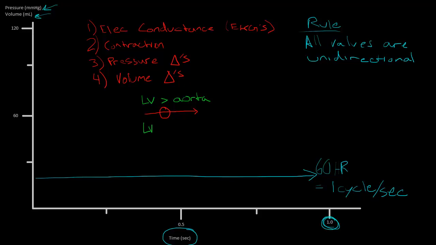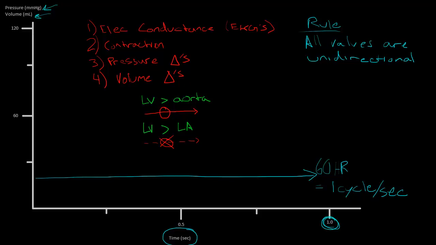Another example, let's say we have a left ventricle pressure that is greater than a left atrial pressure. Because of this unidirectional aspect, we're going to see the mitral valve close, and we're not going to see a backflow of blood in the direction of the atrium. So this is important.